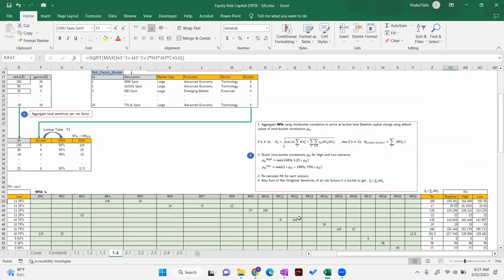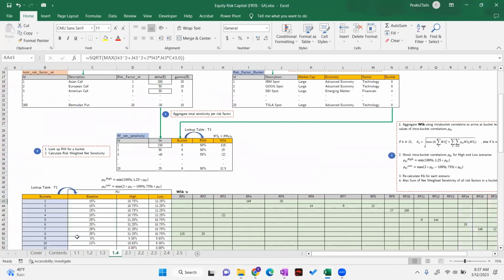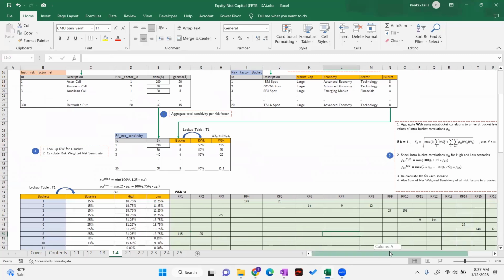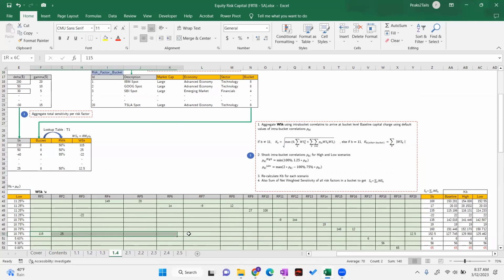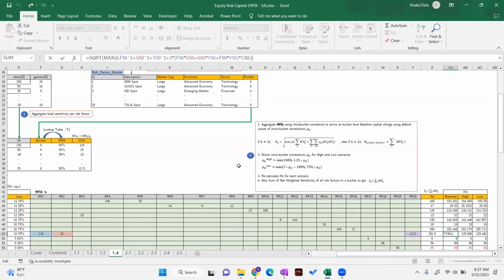Another question from someone: can you do it for bucket 8? Let's see. Bucket 8 is 115 square plus 25 square plus 2 into 115 times 25 times 25%. Oh wait, there are 3 entries, sorry. Yeah, 3 entries, so I have done it here. You will have first one square, second one square, third one square, plus 2 times the pairwise combinations, first and second, plus second and third, plus first and third.